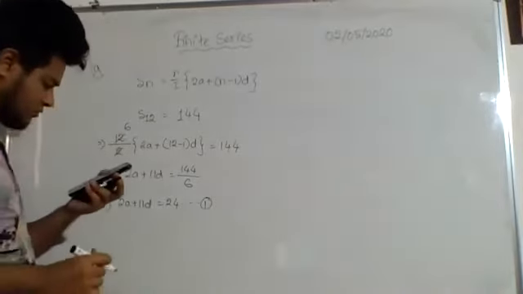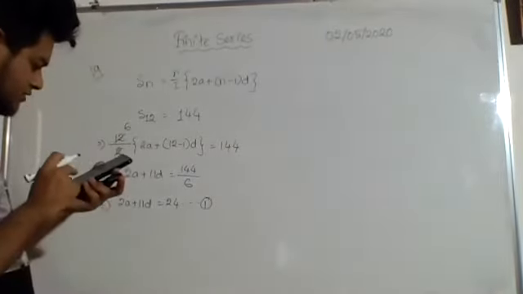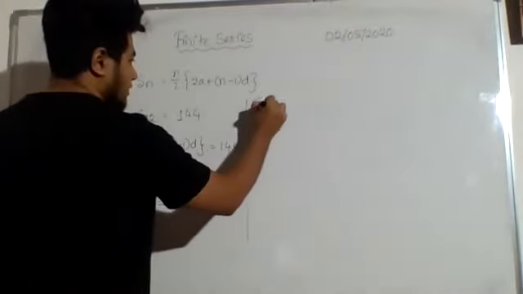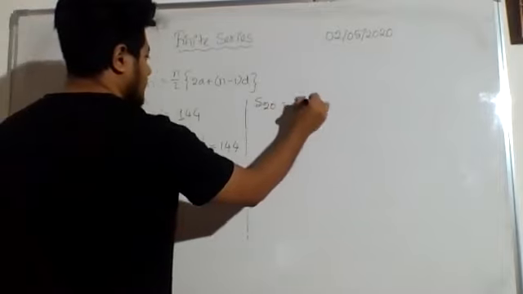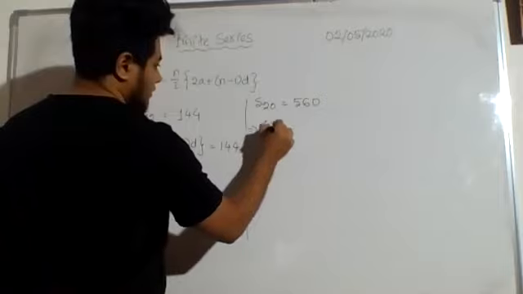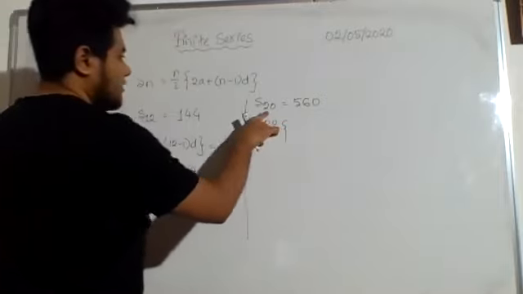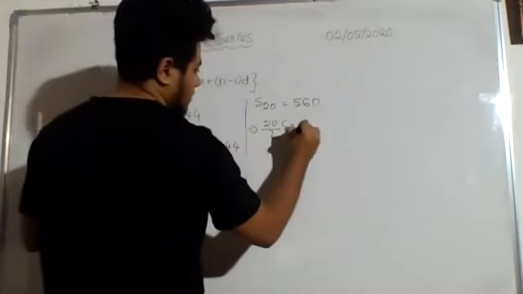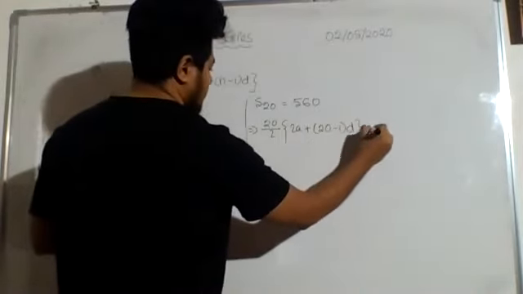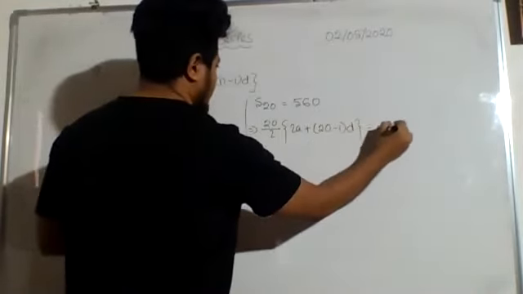Then we have another piece of information given, the summation of the first 20 terms. So S20 is equal to 560. So it will be 20 divided by 2, that means n divided by 2, n is 20, into 2a plus (20 minus 1) into d, is equal to 560.